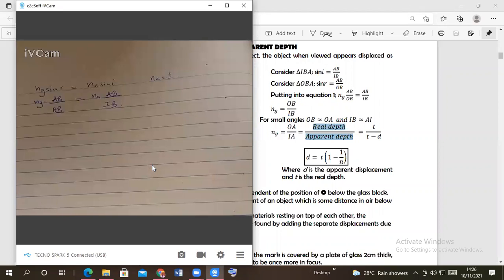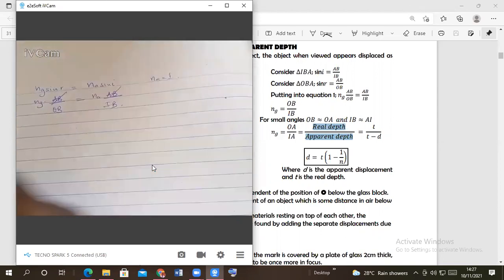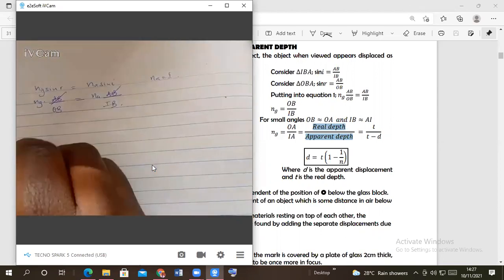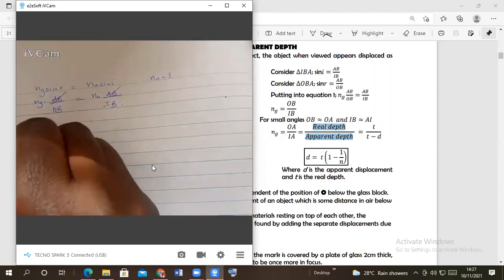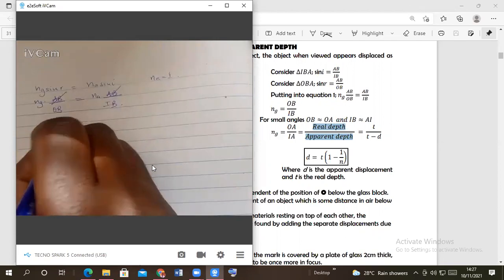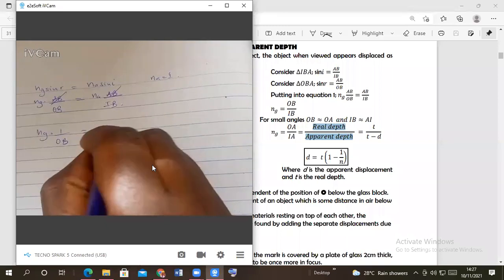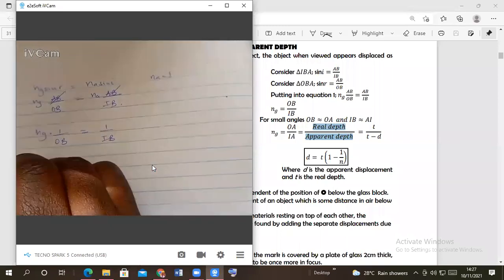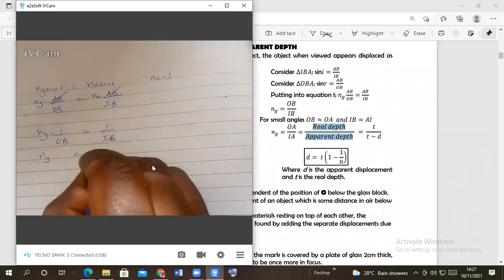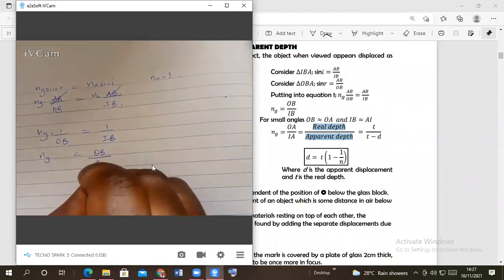The next thing we have to do is cancel the common terms, so we have n_g times 1 over OB equals 1 out of IB. So we can take OB to the other side, and then n_g equals OB out of IB.